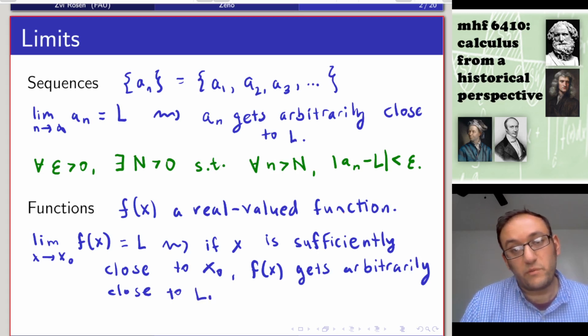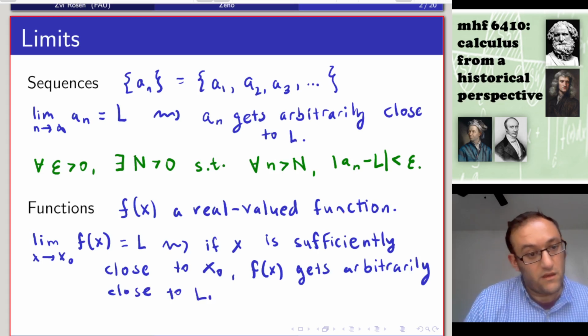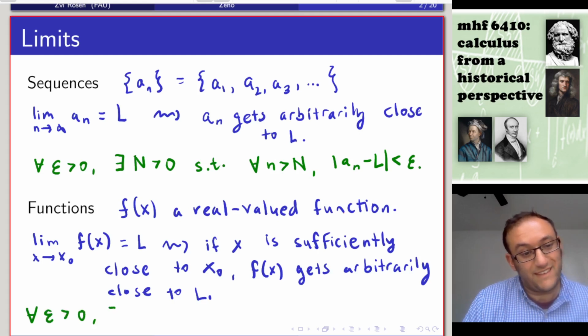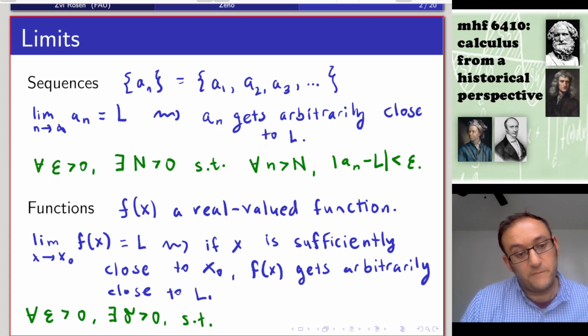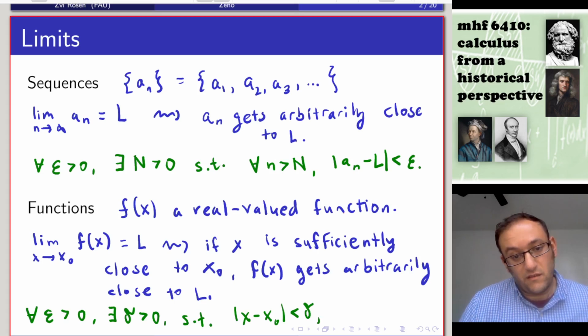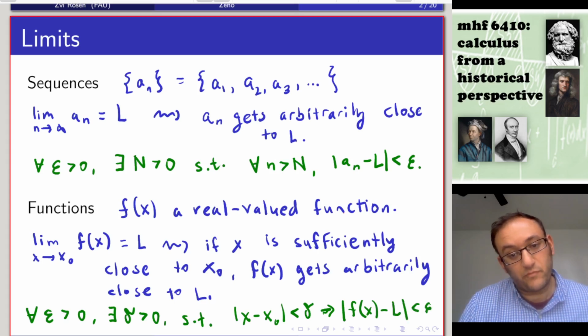Okay, and if we want to formulate this in a rigorous manner, we'll say that for any epsilon greater than 0, there exists a delta greater than 0, such that as long as your input x is within delta of x naught, then this implies the value of the function will be within epsilon of L. Okay?